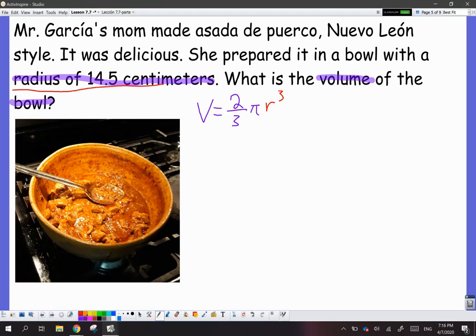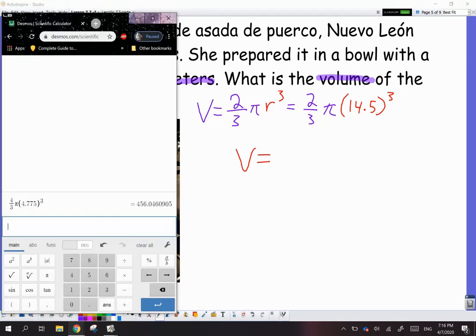So in our volume formula, we're going to have 2/3 times pi times 14.5 to the 3rd power. And again, I can plug this into the calculator. I'm going to start with my fraction, 2/3. I move the cursor to after the fraction.